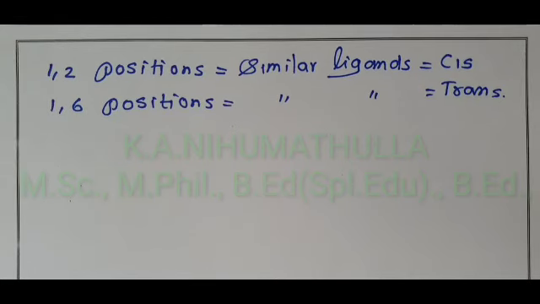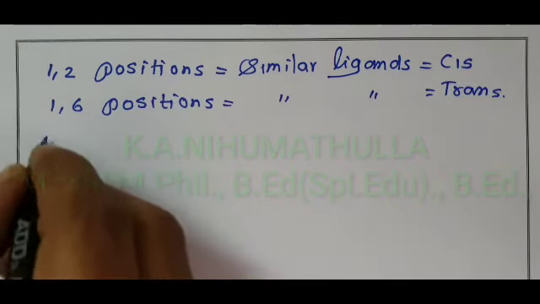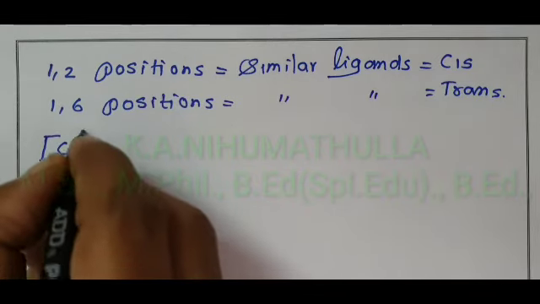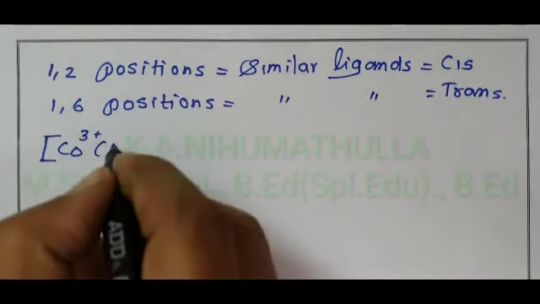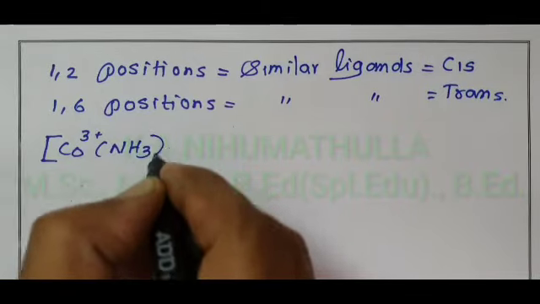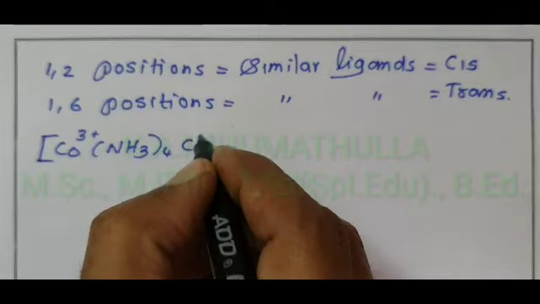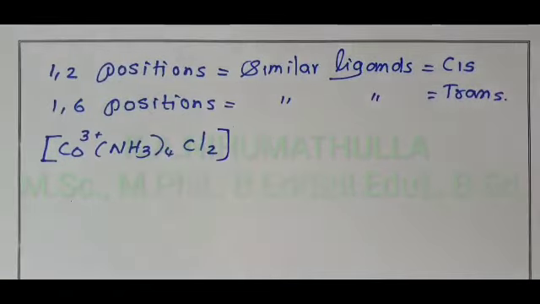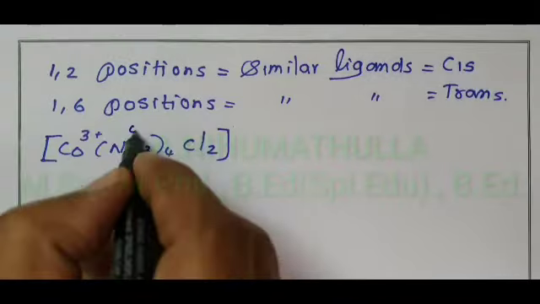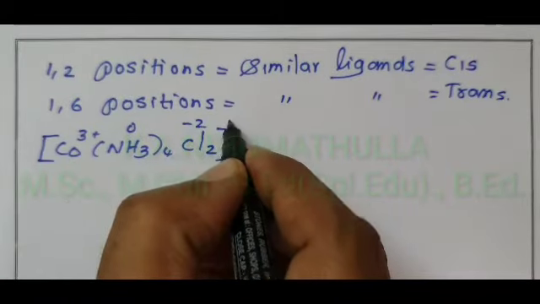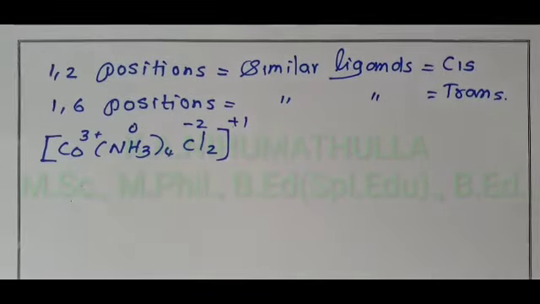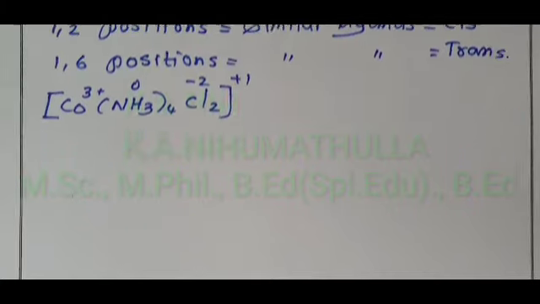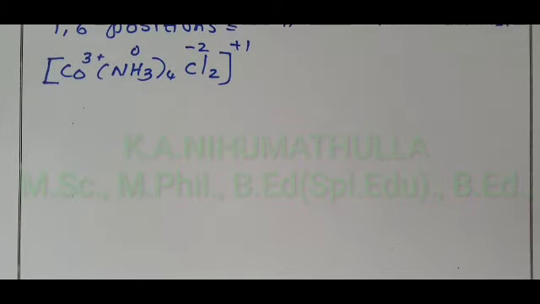First one is by taking cobalt 3 plus ion, 4 amine and 2 Cl. Amine is 0, 1 chlorine is 1 minus, 2 chlorine is 2 minus, so the charge on the complex is 1 plus. For this complex, what is the IUPAC name?